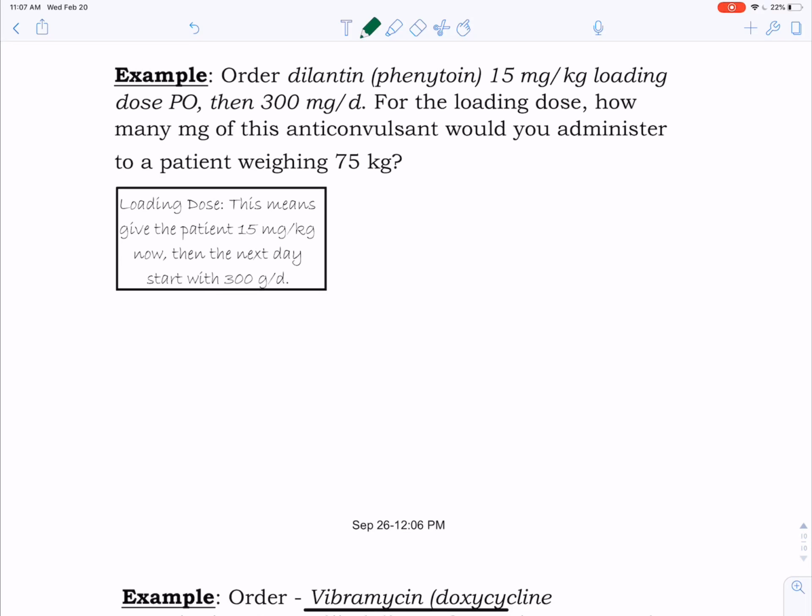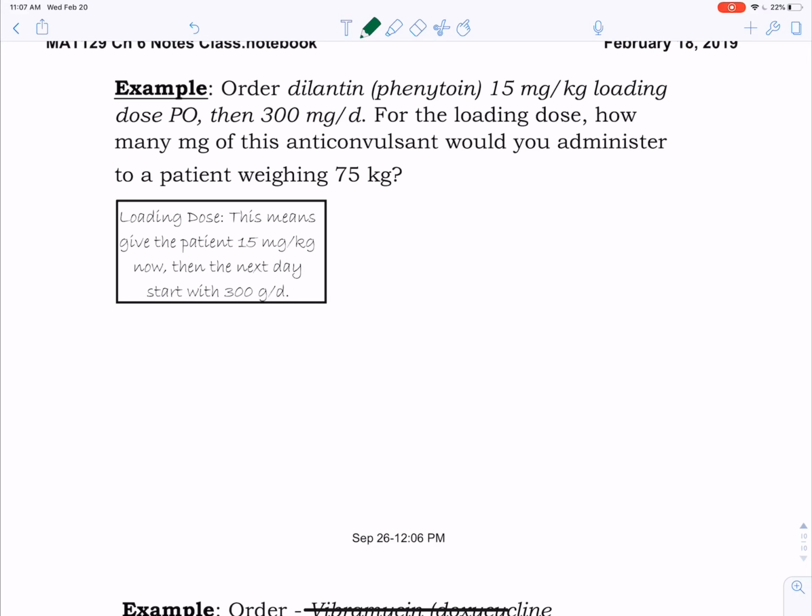So if we look at this, we're ordering Dilantin, 15 milligrams per kilogram, a loading dose by mouth, then 300 milligrams per day. That D stands for day. For the loading dose, how many milligrams of this anticonvulsant would you administer to a patient weighing 75 kilograms?